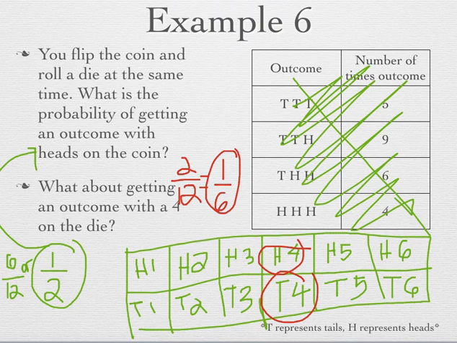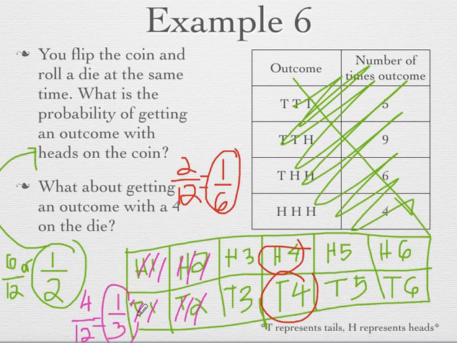The probability of getting a number less than 3 is 4 times, so that is 4 out of 12. But remember to always reduce your answer to the smallest term, and that is 1 out of 3. So your probability of getting a number less than 3 is 1/3, right?